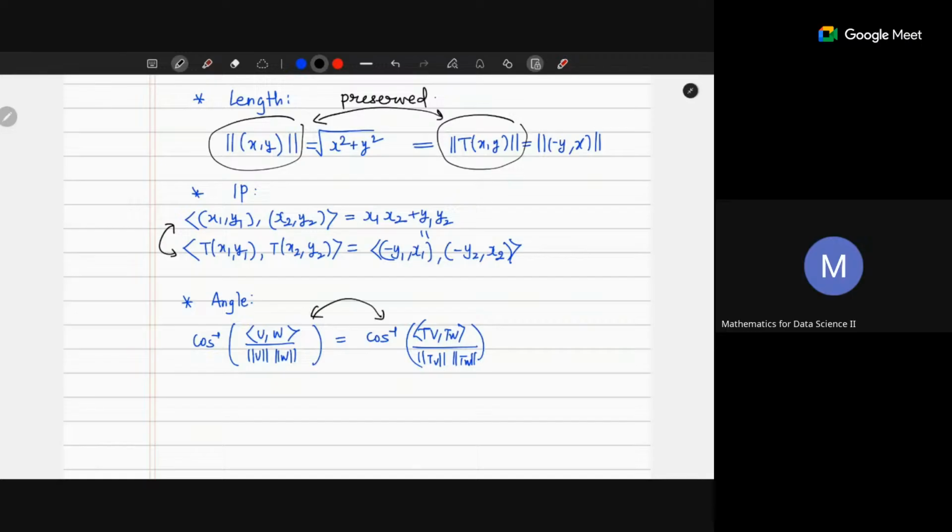So these types of linear transformations, which preserve length and angle, are called orthogonal transformations.